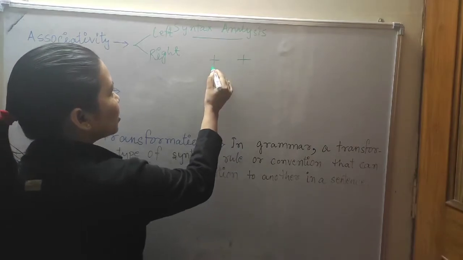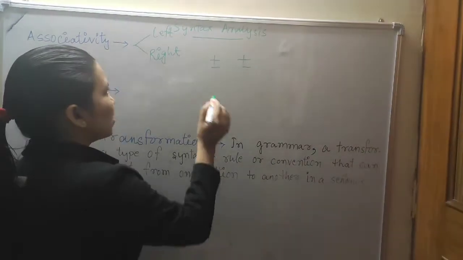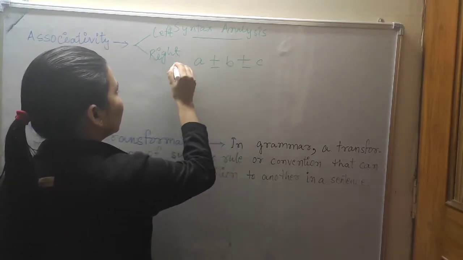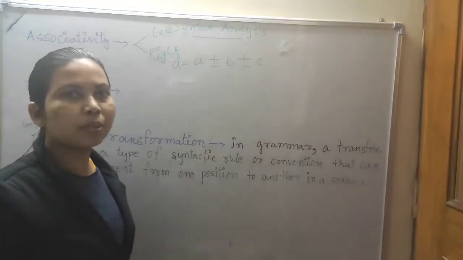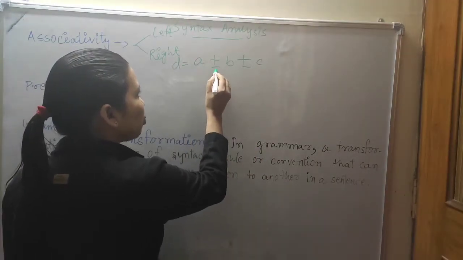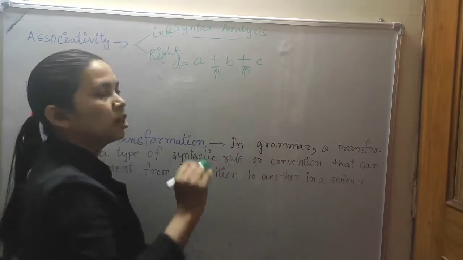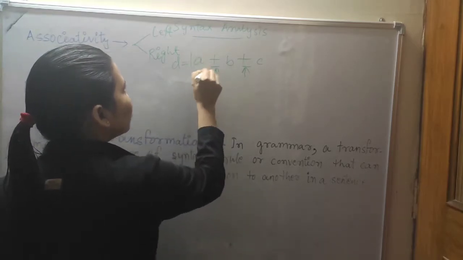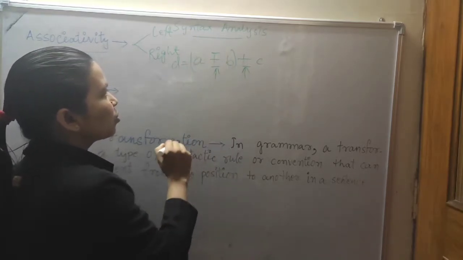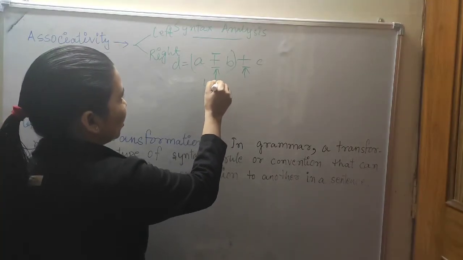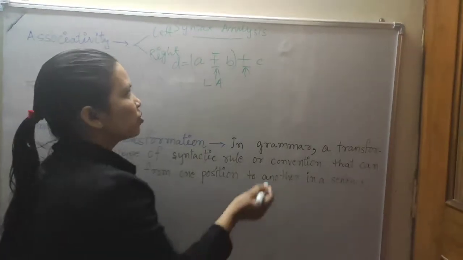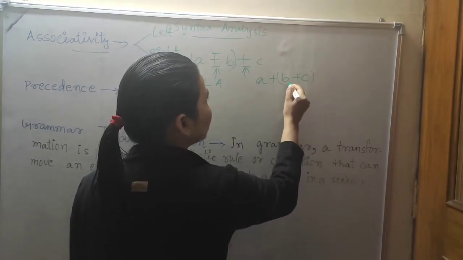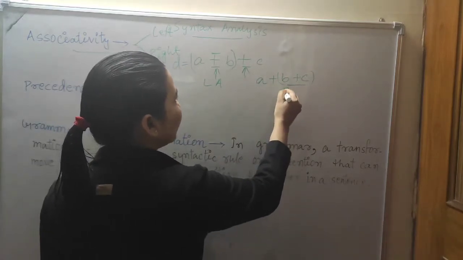For example, A plus B plus C. At that time, which operator do we solve first? That is when we need associativity. If I solve the left plus first, then it is called left associativity. If I solve B plus C first, in A plus B plus C, then it is called right associativity.